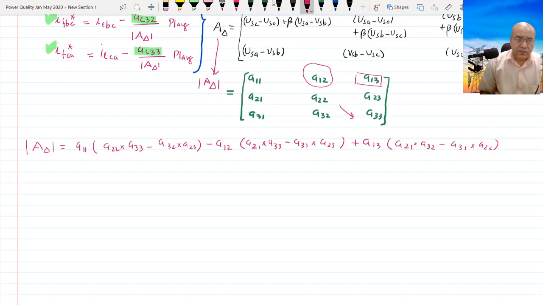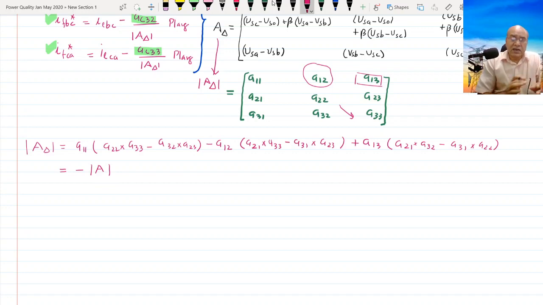Then after simplification you will get the negative of the determinant which you found earlier for the three-phase four-wire system. In the previous class, I think two classes back, we found the determinant of the matrix for the three-phase four-wire system by putting these conditions and solving for currents.